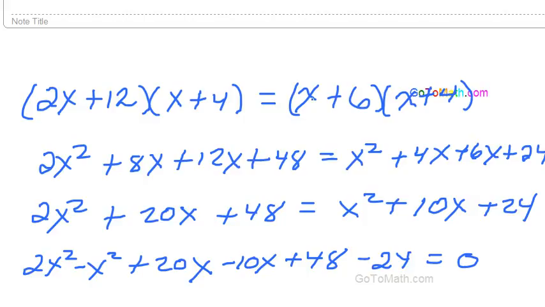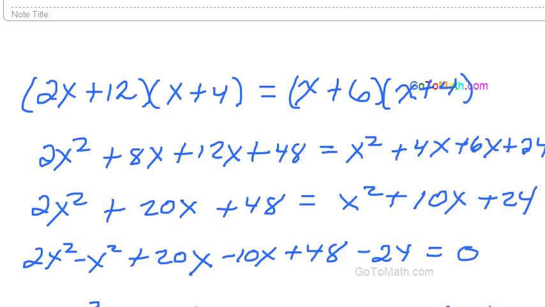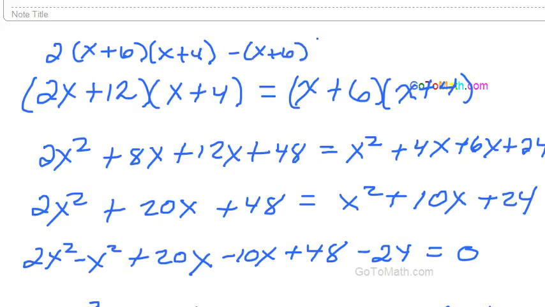Now there was another way of looking at this, and that is if you took just this whole thing over here to the left hand side, and then factored out, for example, this 2, we end up with x plus 6 times x plus 4. Taking this stuff over, you have minus x plus 6 and x plus 4. Set that equal to 0. Okay, so what do we end up with here?